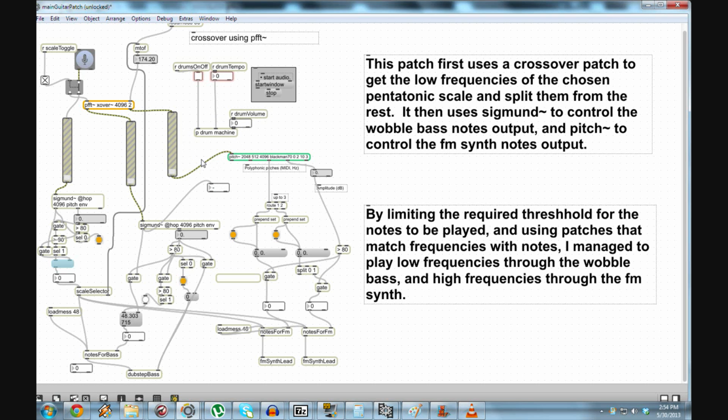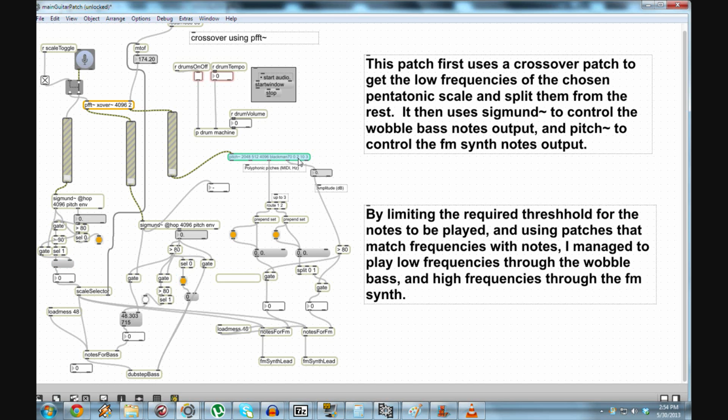So I'm going to talk about polyphonic pitch detection for the FM synth part. For the polyphonic pitch detection, you have it turned on, set to 2.